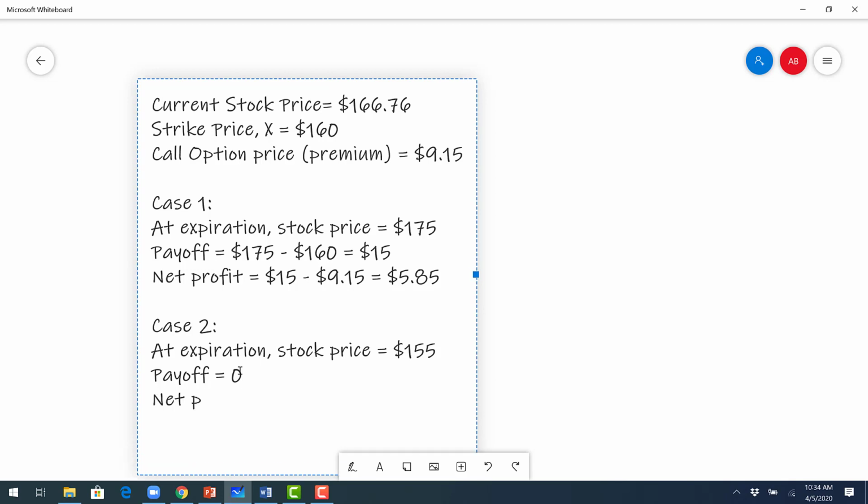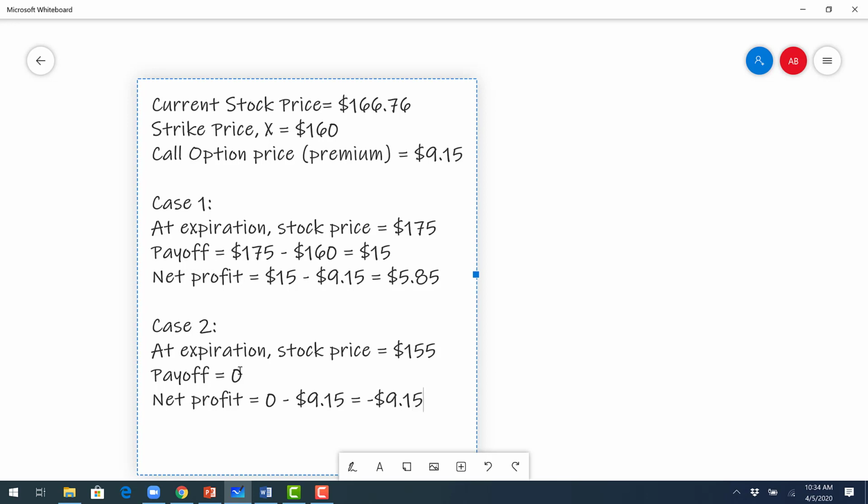What about net profit? In this case, your payoff is zero, so you don't make anything at expiration, but you have paid this price of $9.15 upfront to buy this option.